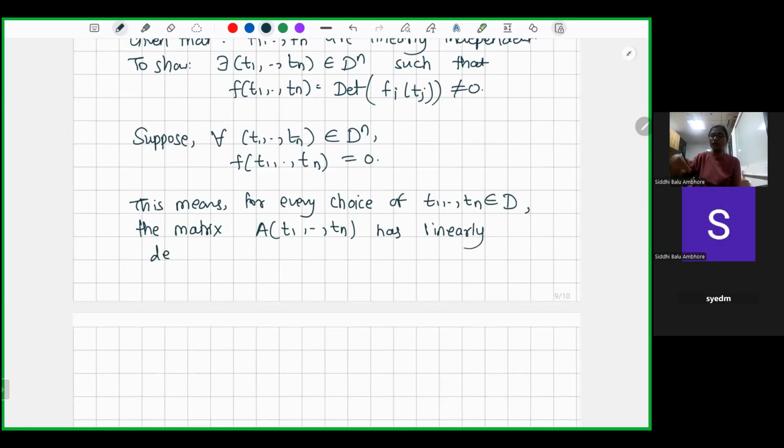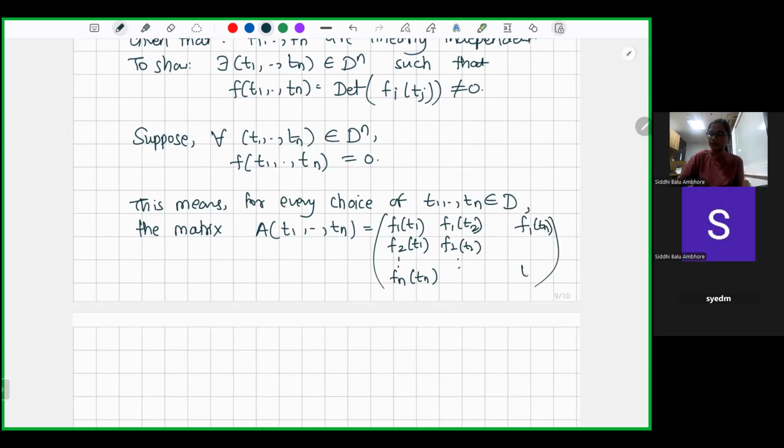Since we are talking about this 0, this matrix A(t1,...,tn) is just the original matrix which we had, with entries f1(t1) through fn(tn). I'm just giving the name A(t1,...,tn).